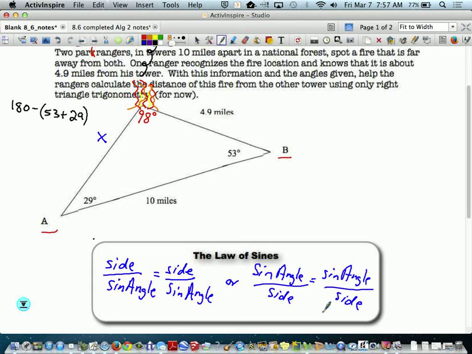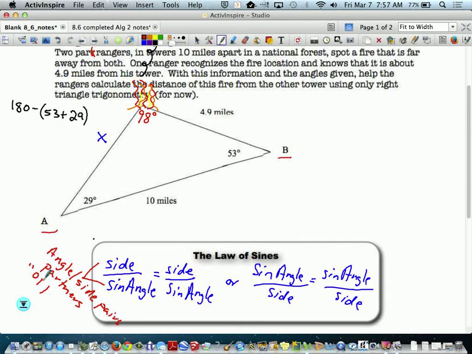What this is telling you is that you will pair them up. These are what you'll hear me call angle-side pairs, partners, I might call them.